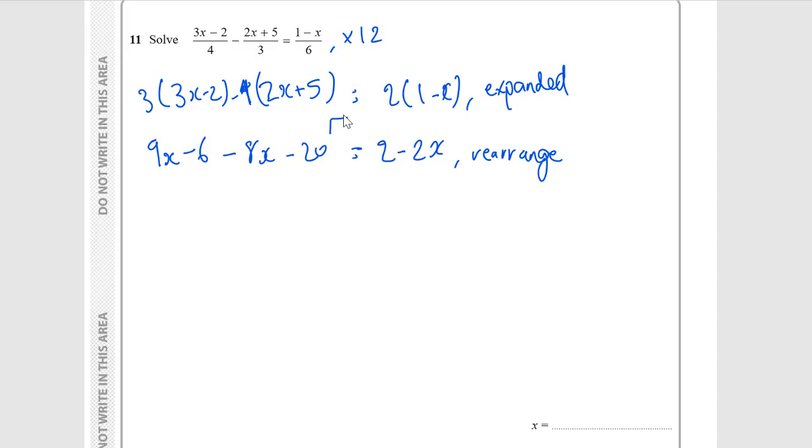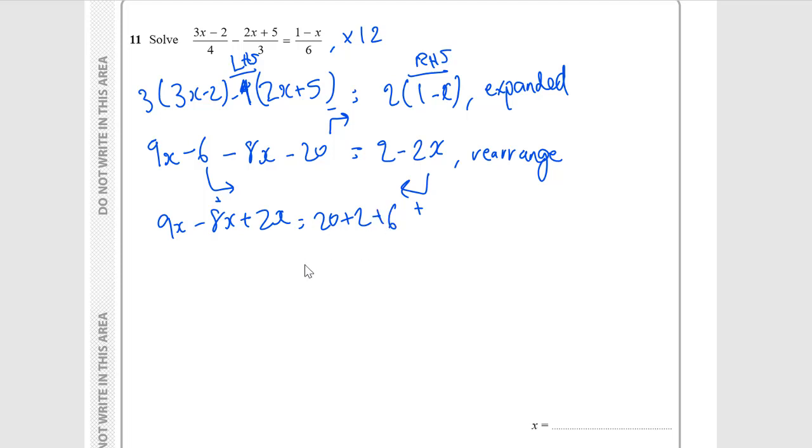So I'm just going to take my numerical values to the other side and any of my variables to the left hand side. So this is left hand side, this is right hand side, just for me to be able to refer to it more easily. 9x minus 8x plus 2x, that's plus, that becomes negative, take that to the other side, becomes a plus, so you get 20 plus 2 plus 6, so this gives us 28.